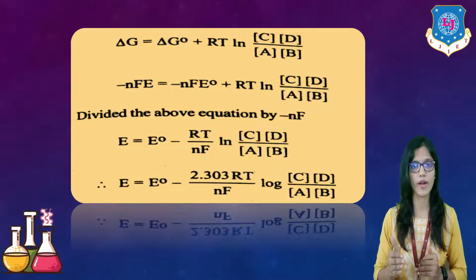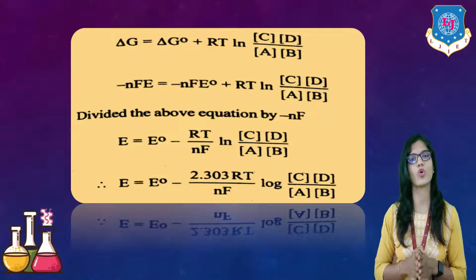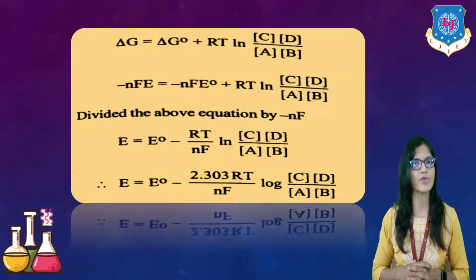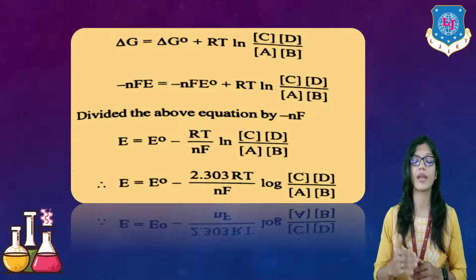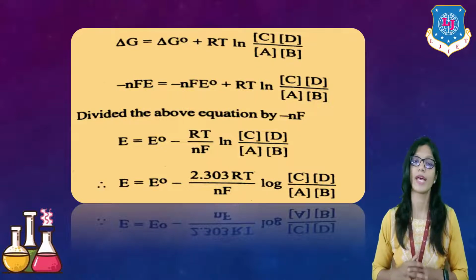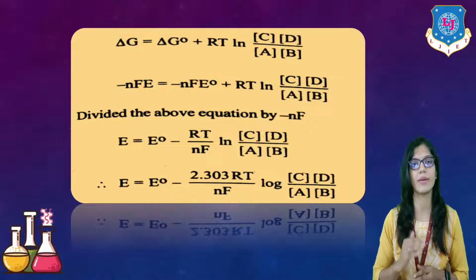The value of T will be given to you; that is the temperature at which the electrochemical cell will be operated, divided by nF. n stands for the number of electrons transferred, F stands for Faradays of the electrochemical cell, and then you will have log of C into D divided by A into B. So the concentration of reactants as well as products plays a very important role.